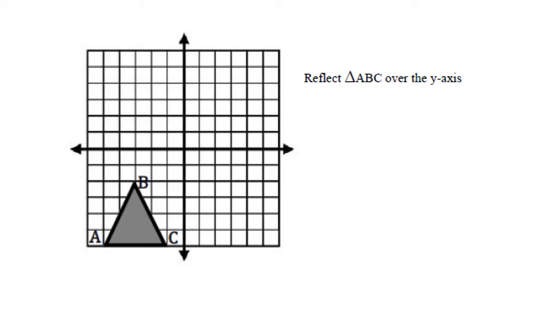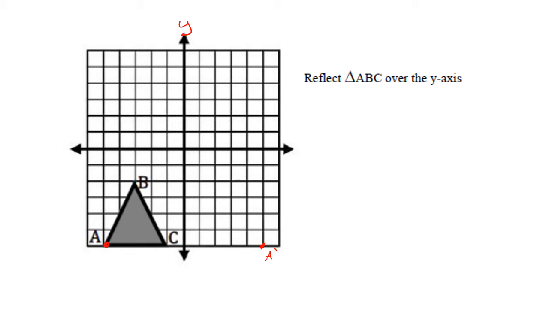Got our next example, triangle ABC reflected over the y-axis this time. Let's look at point A. Currently A is 1, 2, 3, 4, 5 to the left of my flip line. So we're going to go in the opposite direction, the same number of units. So A prime is going to be 5 to the right.